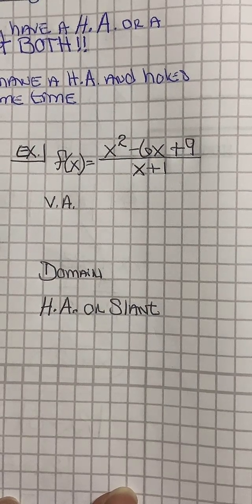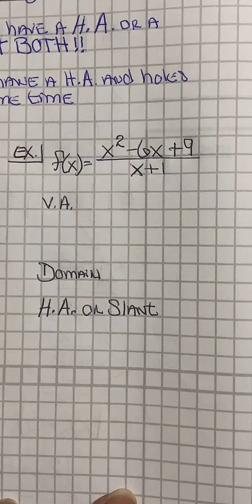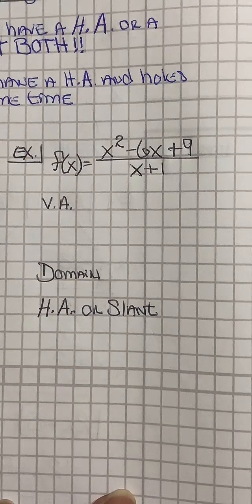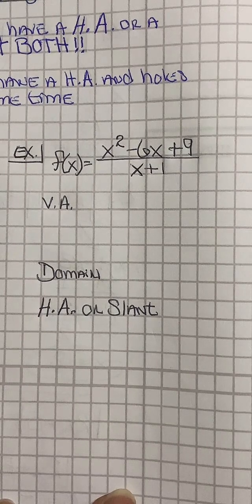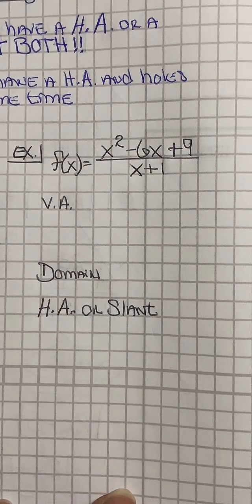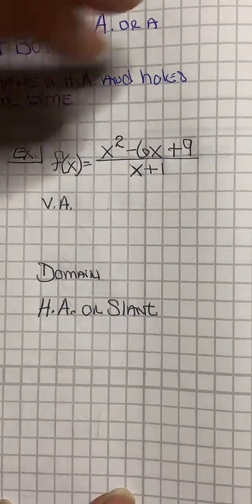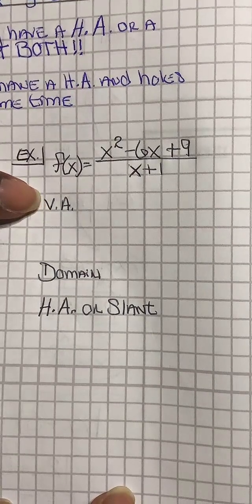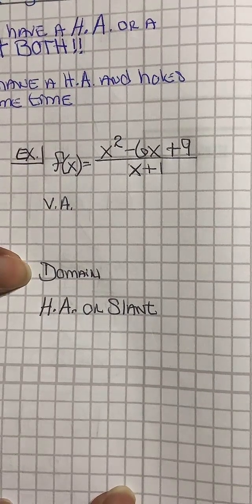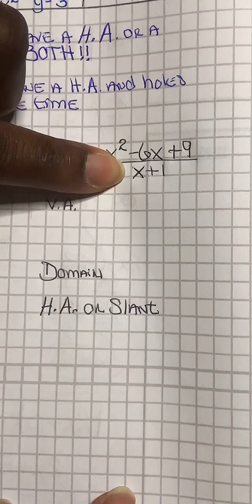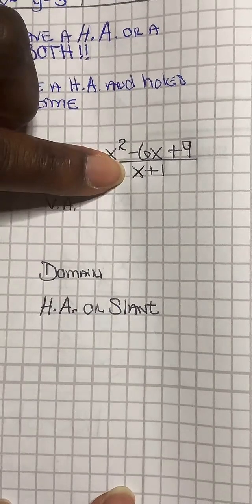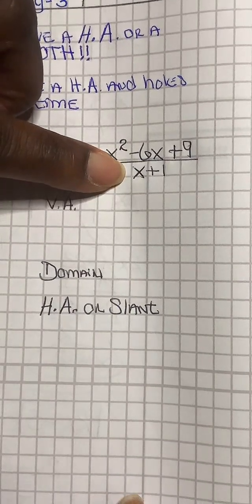Slant might be a little difficult for those that are my normals. Well, not all of them, but a good majority, which is fine if it is a slant, but I think it is. So let's go through it. For my VA and the domain, you always go straight to the denominator.